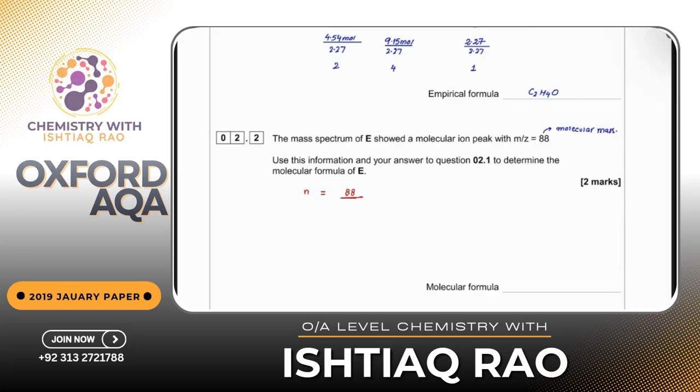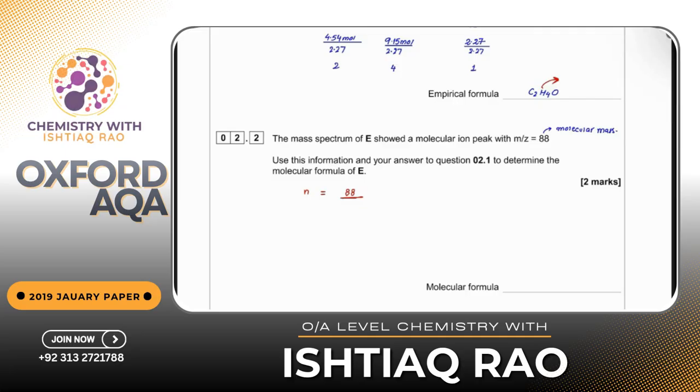The empirical formula mass is 12 plus 12 times 2, plus 16, plus 4, so 44.